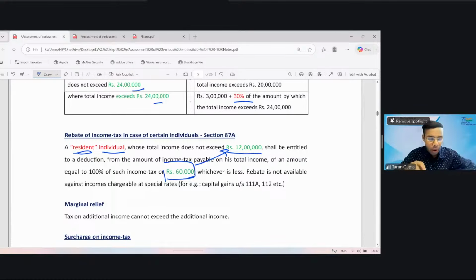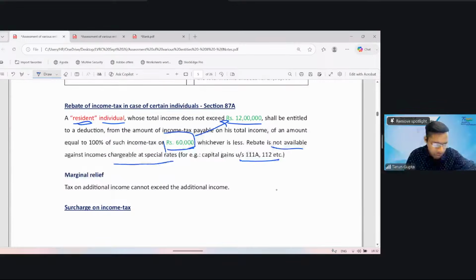So rebate is not available against income chargeable at a special rate. Examples: 111A, 112, winnings from lottery, etc. One more thing: in the default tax regime, marginal relief is available in case of rebate.